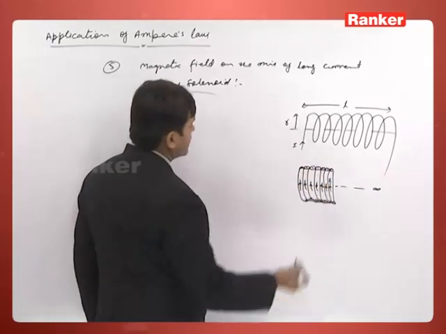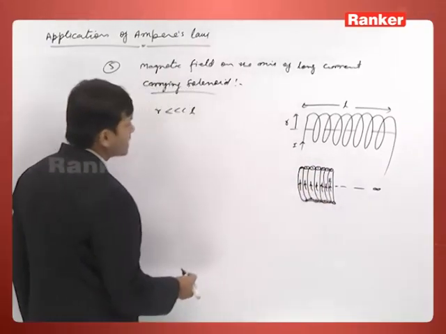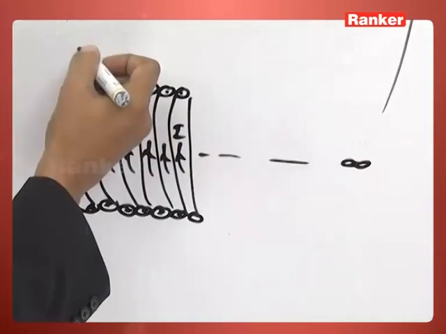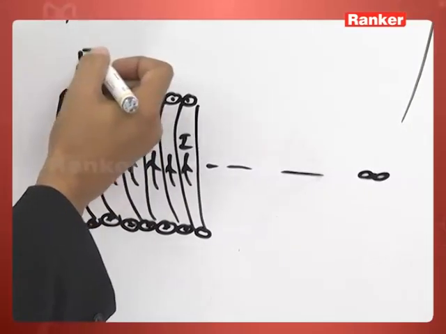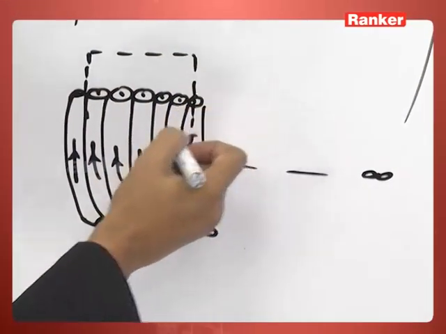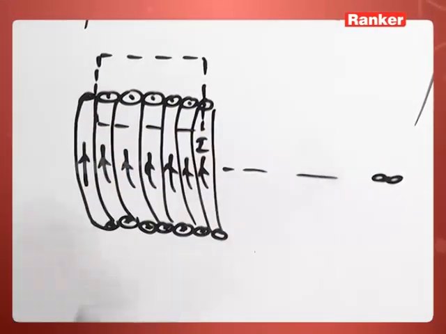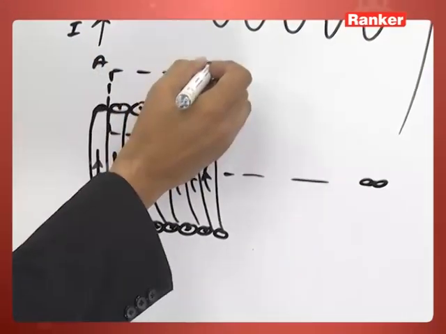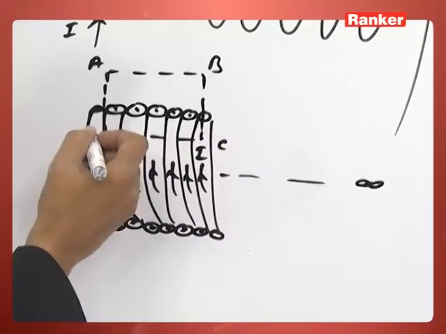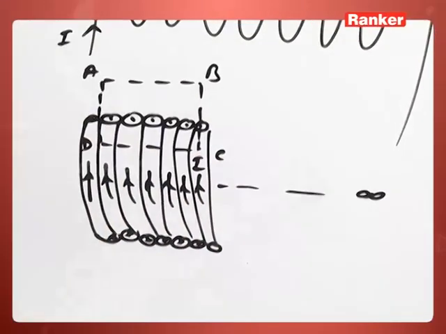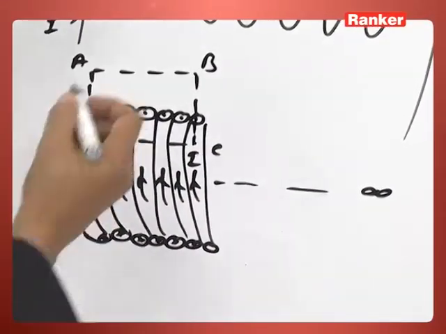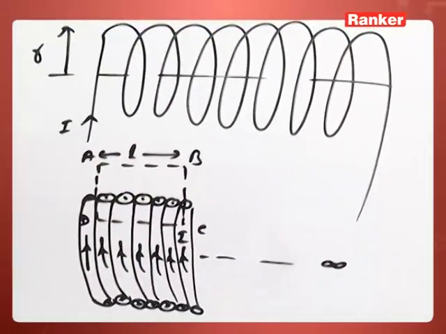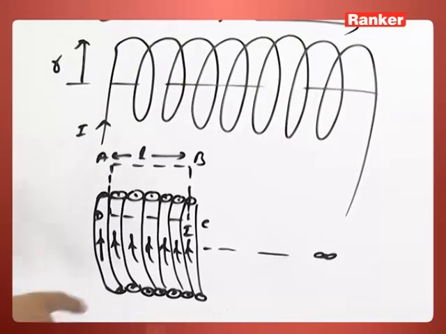Each loop has current I. Now I am making the Amperian loop. So here I am making the Amperian loop like this. This is the Amperian loop. Let A, B, C, D be the Amperian loop, and we want to find the magnetic field due to this current.